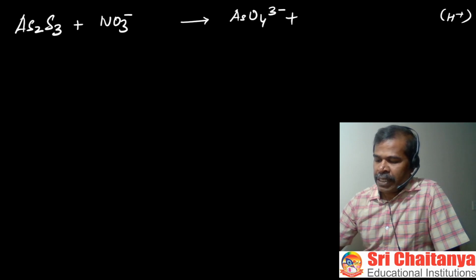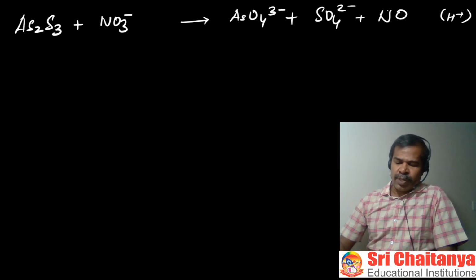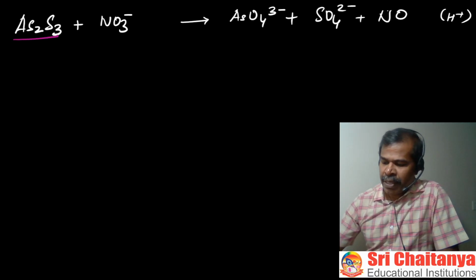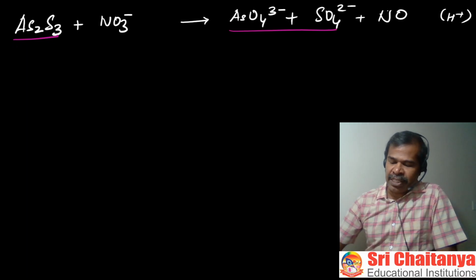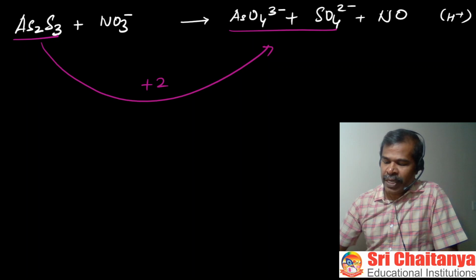It should give plus SO4 2 minus plus NO. That is the reaction. We already worked out for As2S3 becoming these two products. The valency factor we found to be 28. You can refer back, 28 electrons.